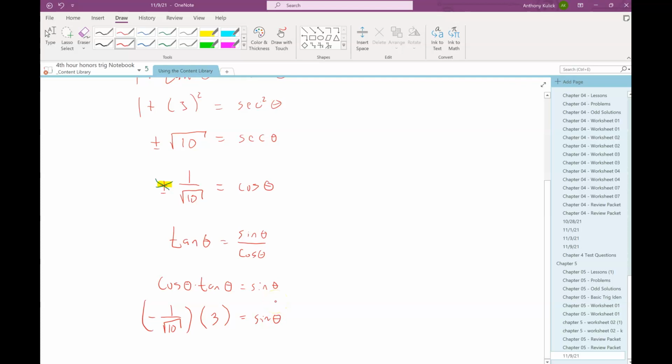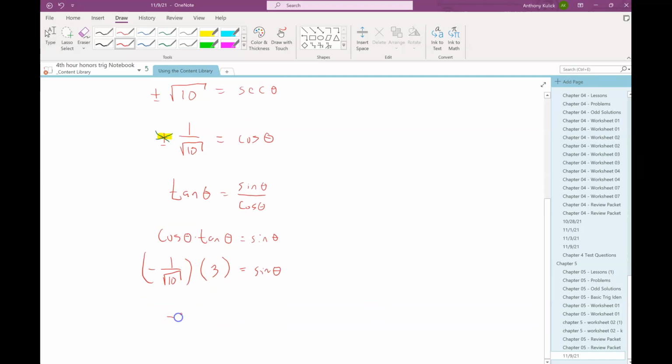So if I plug in my negative 1 over root 10 for cosine and my 3 for tangent, I can just multiply those together and rationalize the denominator. There's only one denominator once you've multiplied them. And there's my value for sine.